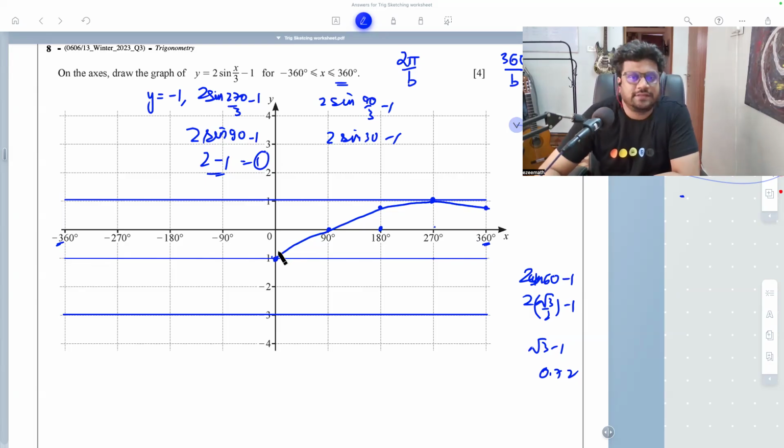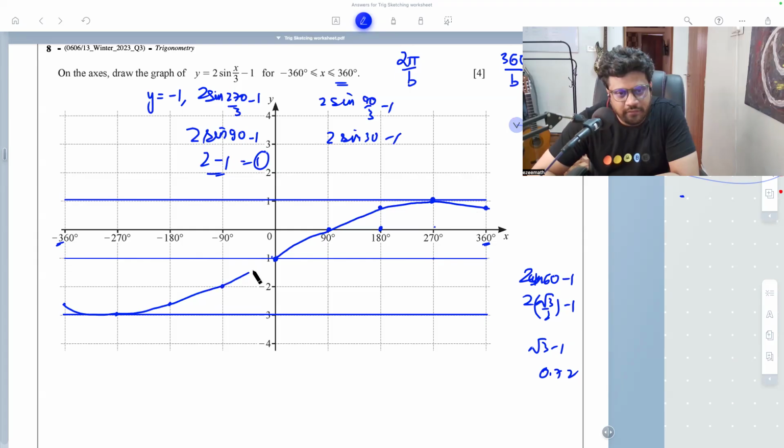And of course, it's going to be symmetrical on the other side. So it has gone to 0 from minus 1. It will go somewhere here. And then at 180, it will reach somewhere there. At 270, it will reach that place. And at negative 360, it will reach somewhere there. And there it is, your entire curve.